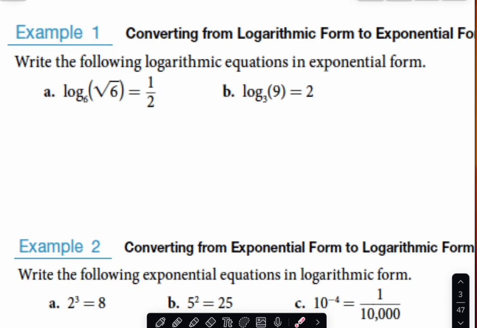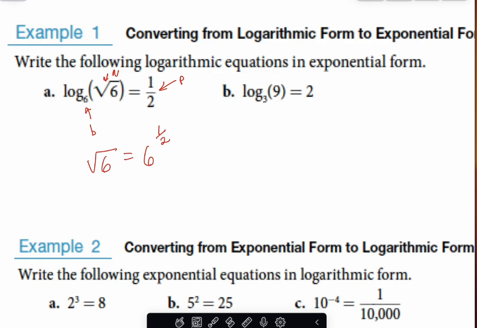First, let's practice going back and forth between logarithmic notation and exponential notation. If you take a look at our first one here, this is the base, this is the power, this is our number. So to rewrite it, we just say the number is our base to the power of p.